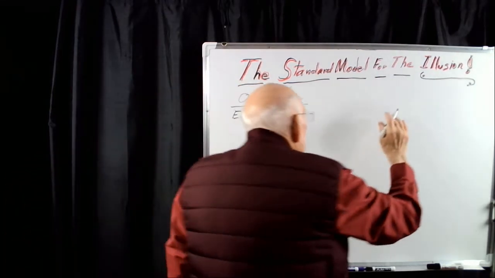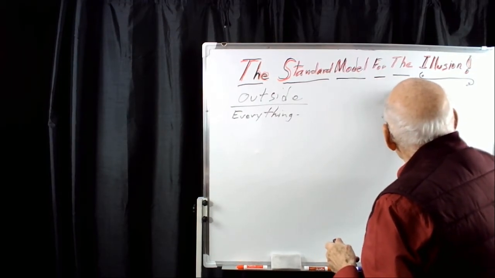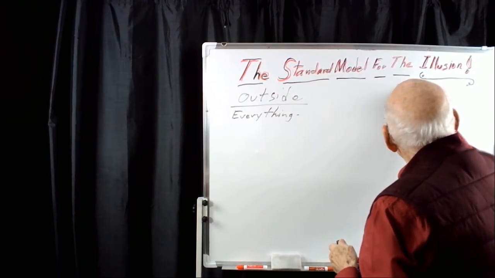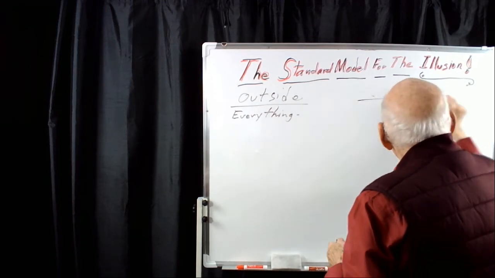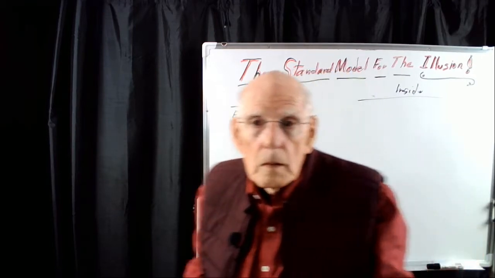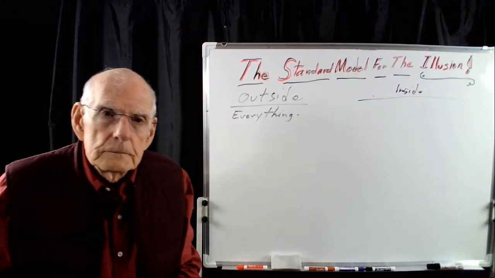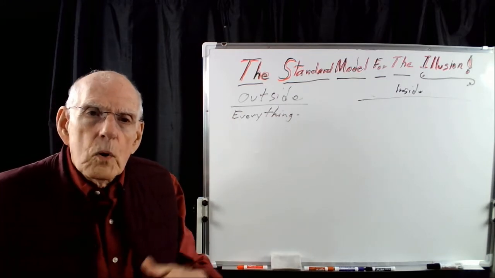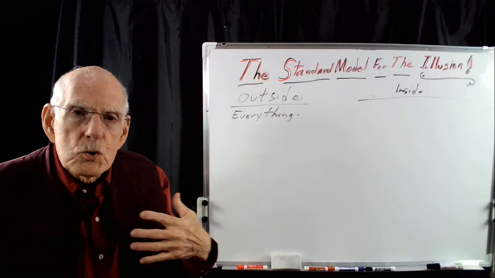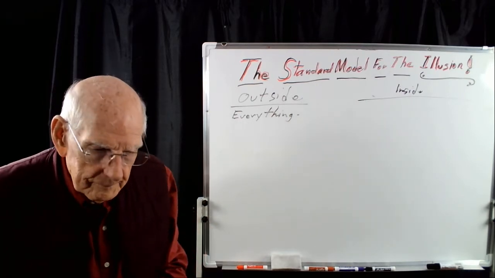Oh, and over here we're going to have the inside. Now here's the thing about the inside. There is no inside. We don't have any idea where the inside is. Now, when we say outside and inside, we usually think outside the body or inside the body.